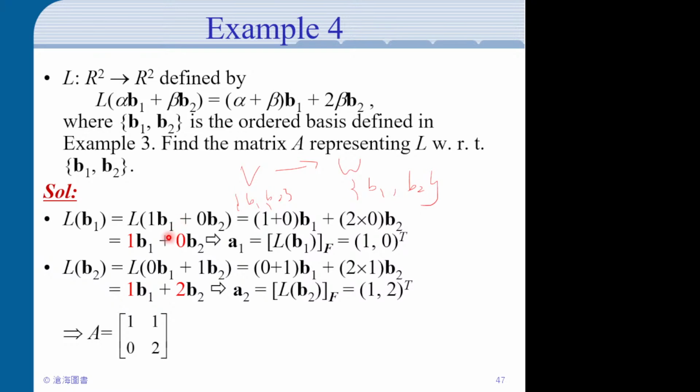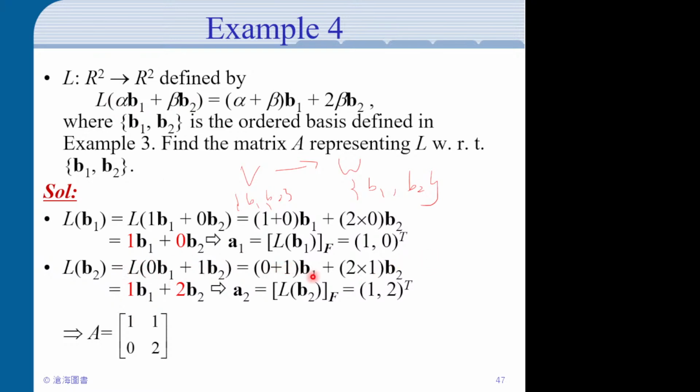So that's 1 B1 plus 0 B2, and so the coordinate in terms of B1, B2 on this W is 1 and 0. And so we know the first column of A is 1 and 0. And similarly, you map this B2 to something. B2 you can write as a linear combination of B1, B2 with alpha, beta, alpha equal to 0, beta equal to 1.